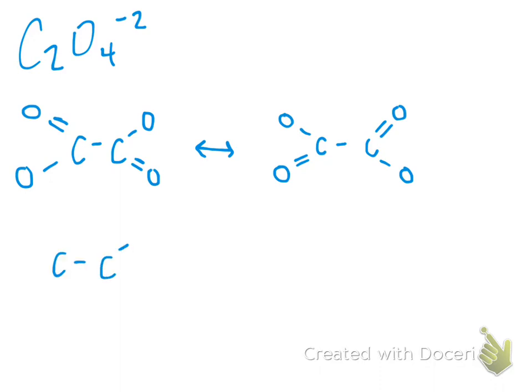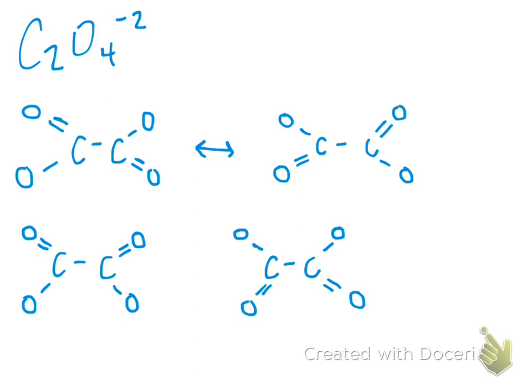Should be 4. So on this one, I want you to really think about the fact that we could not have had double bonds here and here, right?